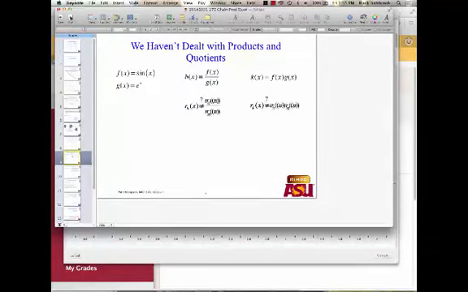All I did was factor out g of x plus h, and then here, factor out f of x. So if you look, what do you notice right here? This should look familiar. And then the same with this.